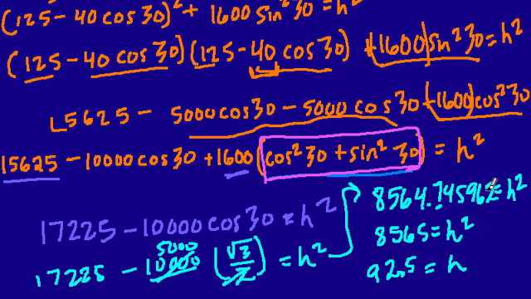Since I have a calculator in front of me, let's try that. 8,564.745962. What is the square root of that? Oh, I got 92.545. So actually the same thing. So it's okay if we rounded it there. It didn't change much of the answer. So about 92.5 or 93 kilometers.